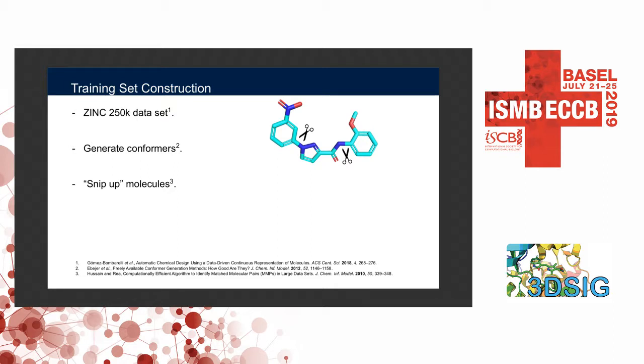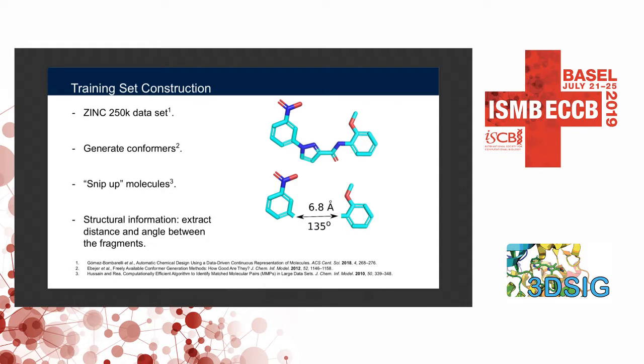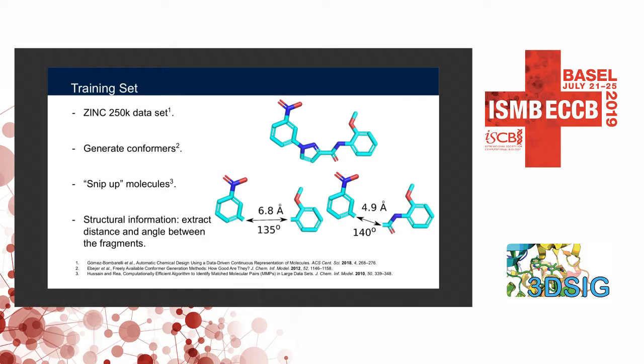So effectively, we cut at all acyclic single bonds to produce fragmentations of the original molecule that we can use for this paired training process. Now, obviously, there's not just one way of snipping up this molecule in the manner I've defined, and so we can get multiple examples for the same starting molecule. And we do this for all of the molecules in the ZINC set, and this defines our training set.